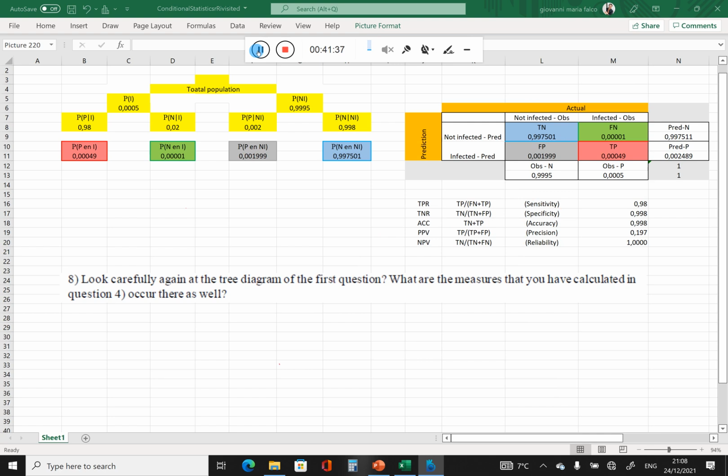Then in question 8 we are asked to look back at our tree diagram, and if we look carefully, we see that at least the two measures that we have introduced were already in the tree diagram, only at that time we were calling them in a different way.